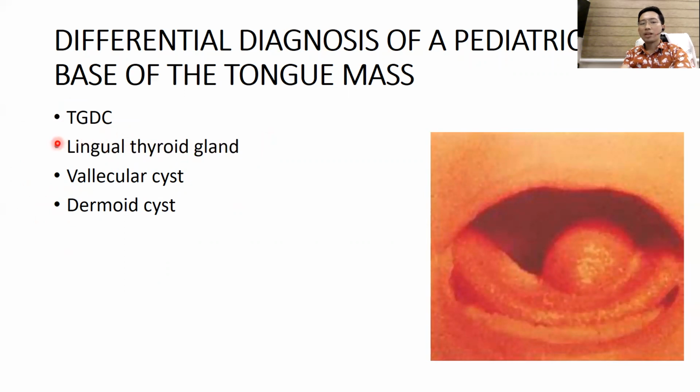Since my residency, I only saw one case of lingual thyroid gland, so it is very, very rare. Next is the vallecular cyst, and the last is the dermoid cyst.